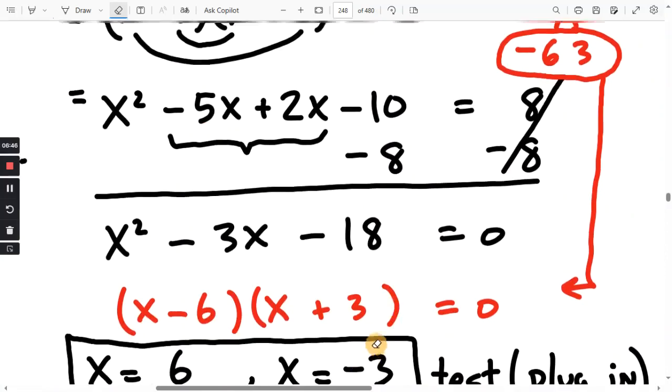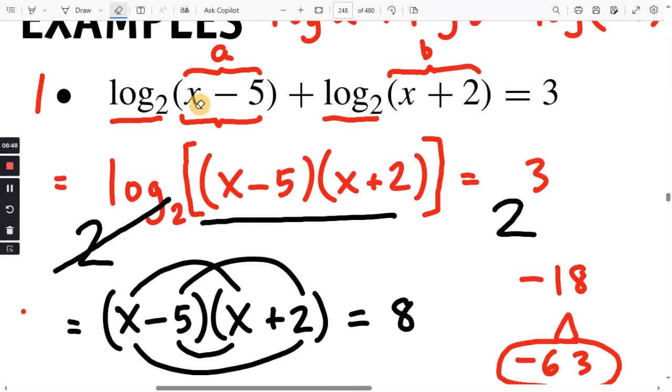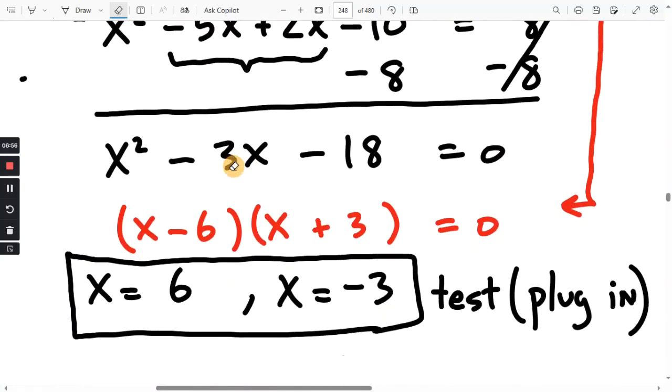How about negative 3? If we put negative 3 in here, negative 3 minus 5 is negative 8. You cannot take the log of a negative. Therefore, the negative 3 is gone. That doesn't work, and we're left with x equals 6 only.